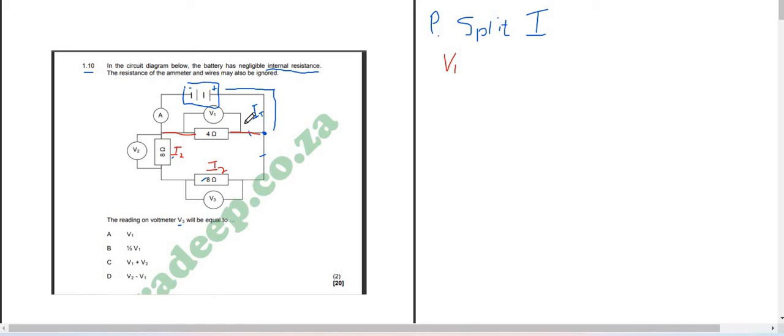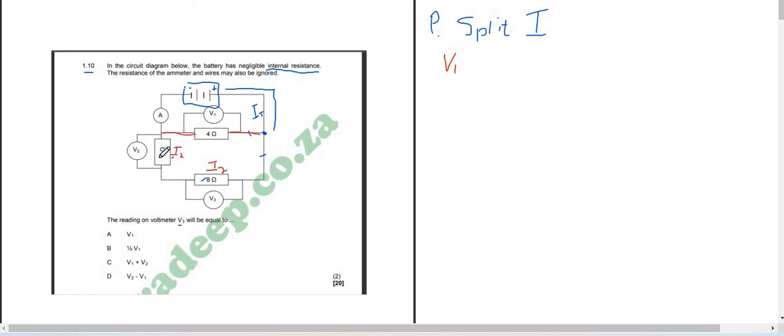So the voltage that comes in this branch, I said it's V1. It means also the voltage that will come here, in this branch, the total of it will be V1 because it will be the same amount of voltage. So it means that even in this branch you also have V1.